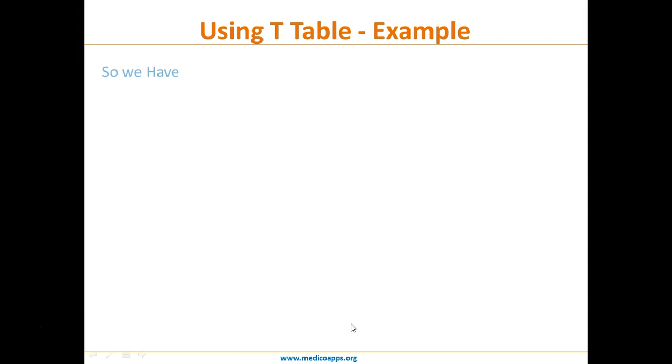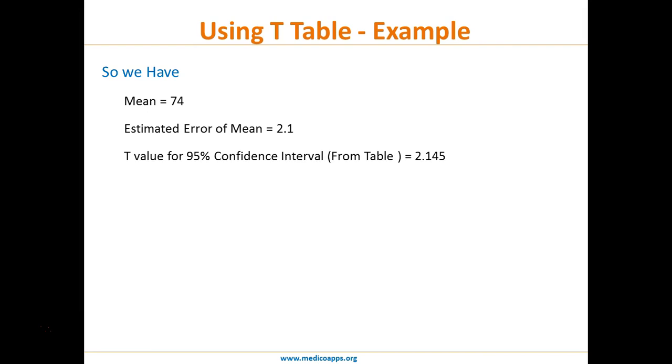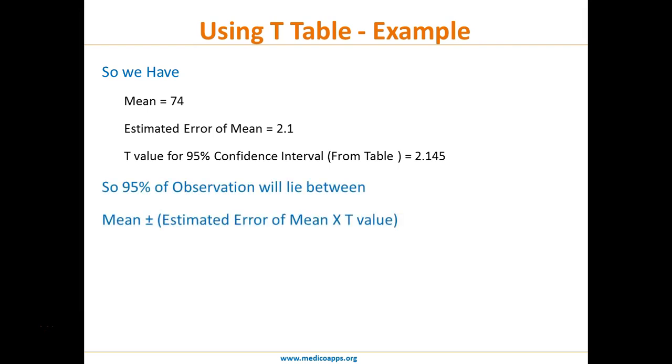Let's move forward. We have mean 74, estimated standard error of mean 2.1, and the T value for the 95% confidence interval from the table, 2.145. So 95% of the observations will lie between the mean plus minus the estimated standard error of mean times the T value.